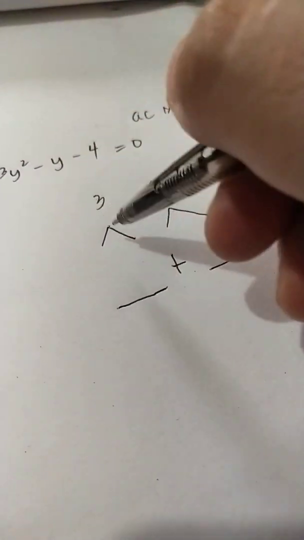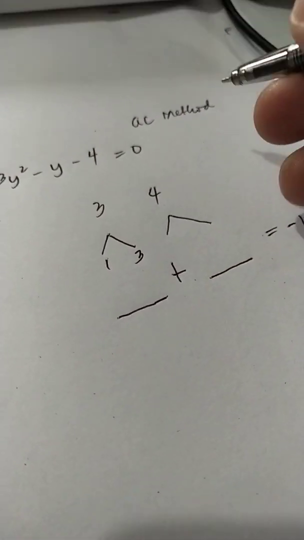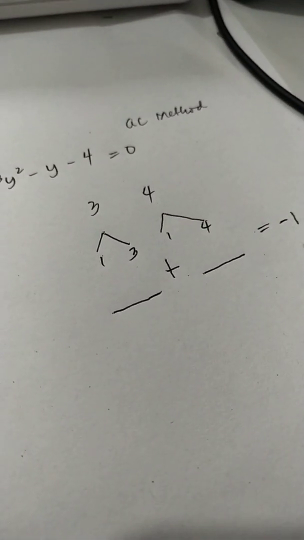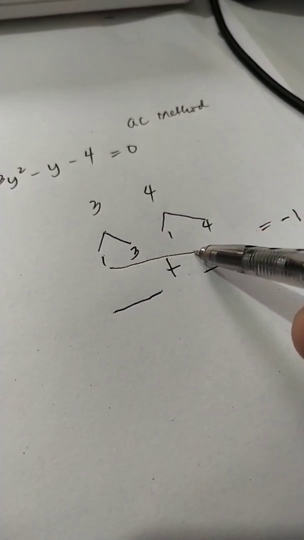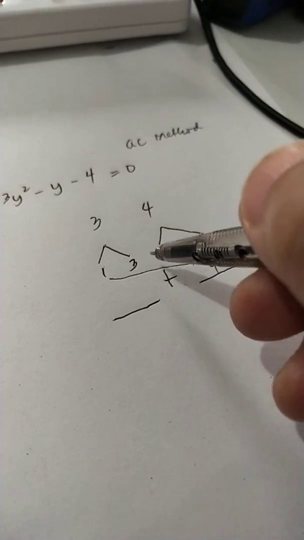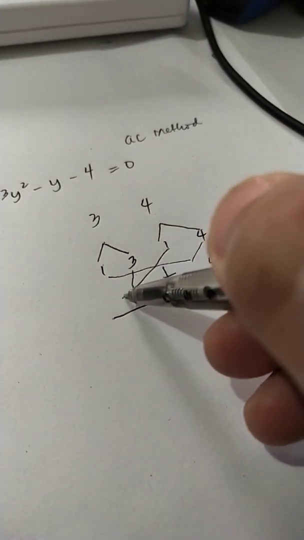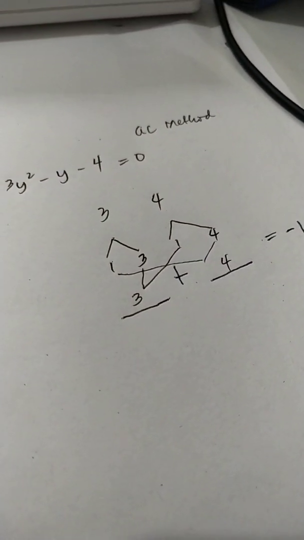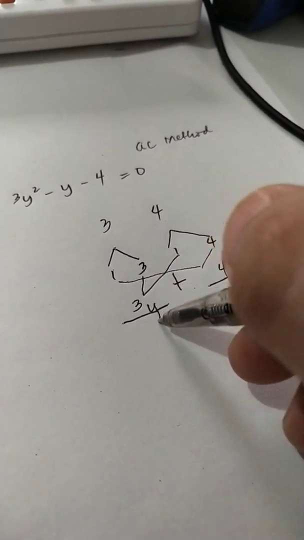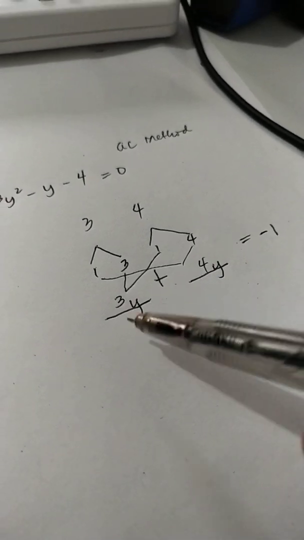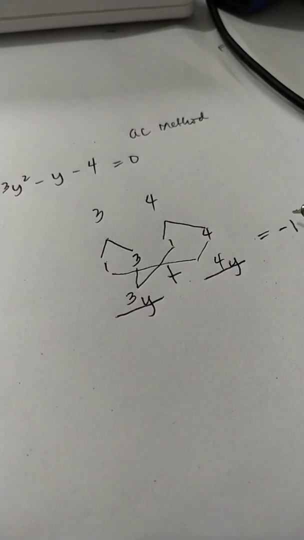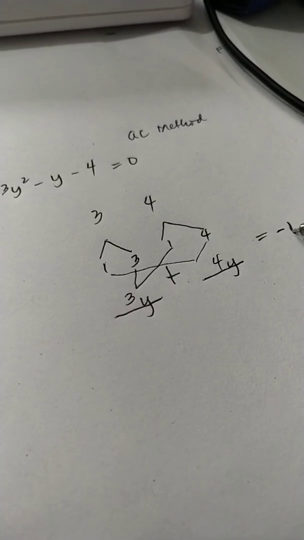So it could be 1 times 3 or 1 times 4. 1 times 4 is 4 and 1 times 3 is 3. We indicate the variable y. 3y plus 4y is not negative y.